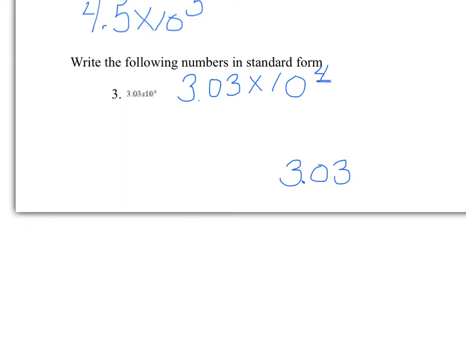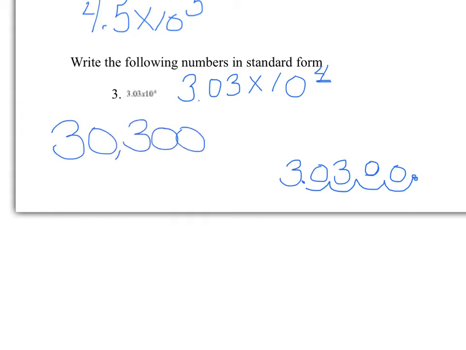The 4 tells me I'm moving 4 decimal places, and because it's positive, I'm going to the right. 1, 2, 3, 4. Any open spots we fill in with zeros. Please take the extra second or 2 then and rewrite the number neatly, putting the commas in where they belong. So we get 30,300.